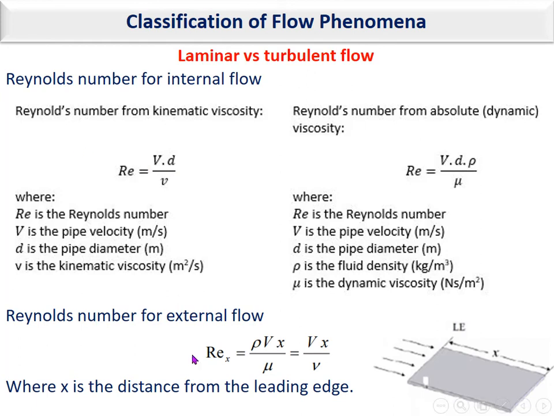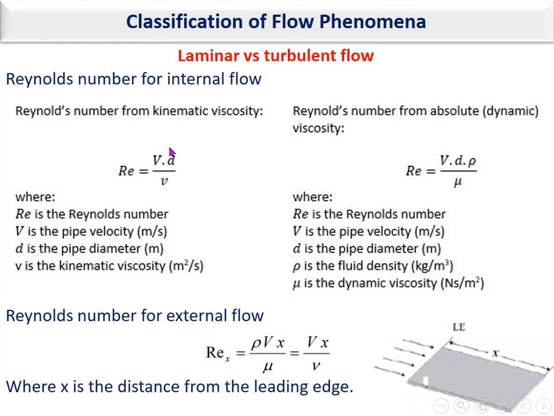Here, V is the free stream velocity. So for external flow, V is free stream velocity, or the velocity far from the surface, and for the internal flow, V is average velocity in the pipe or channel or something like this.